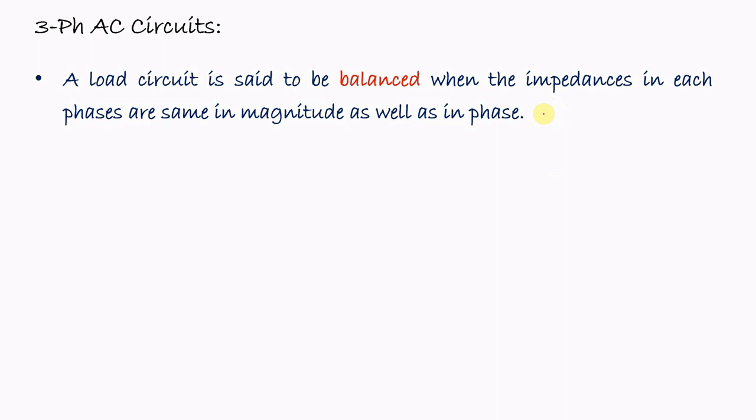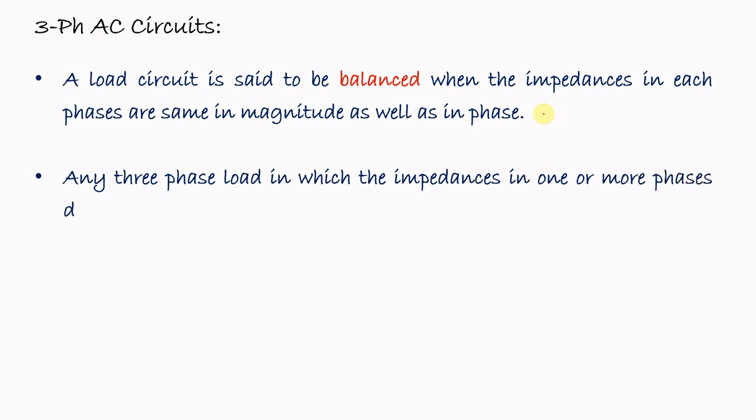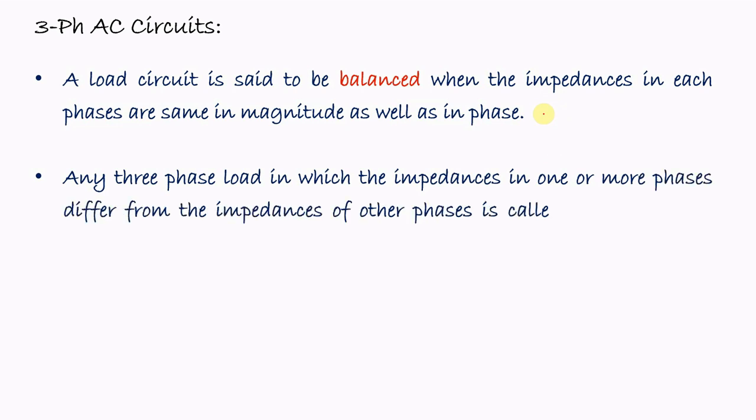So the magnitude will be the same, as well as the phase difference. Any three-phase load in which the impedance in one or more phases differs from the impedance of the other phases is considered an unbalanced three-phase system.